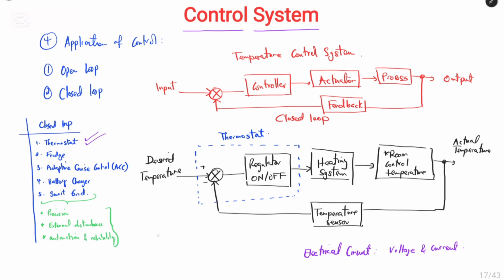And we can state the relationship of a temperature with respect to the voltage. And this temperature has a unit of degrees Celsius and the voltage has a unit of volts. They have a relationship. And for the temperature sensor, how can you define a sensor?